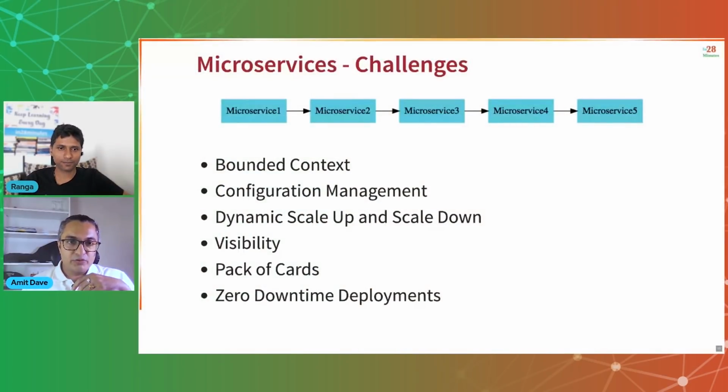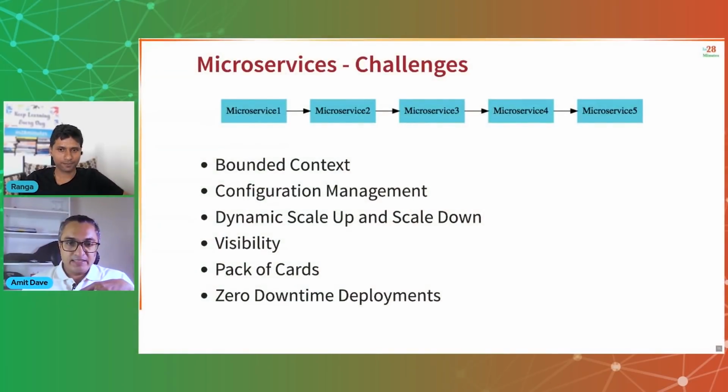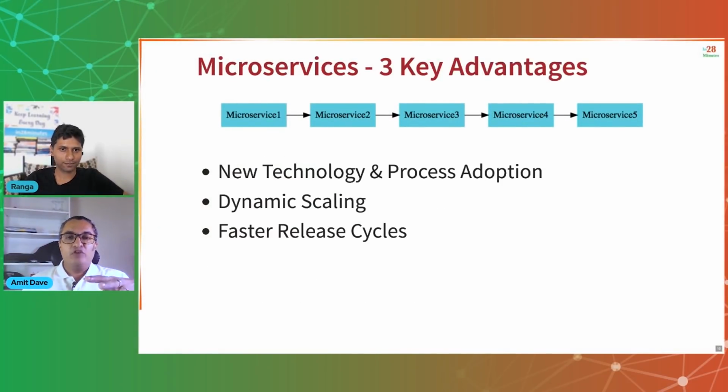Right. So basically, if we can go to this diagram, in the legacy world, if there are, say, microservice one, two, three, four, five, they won't be broken down. They would all be stuck together as one piece of software stack, right?